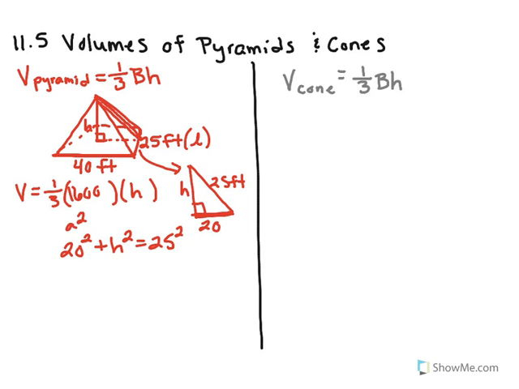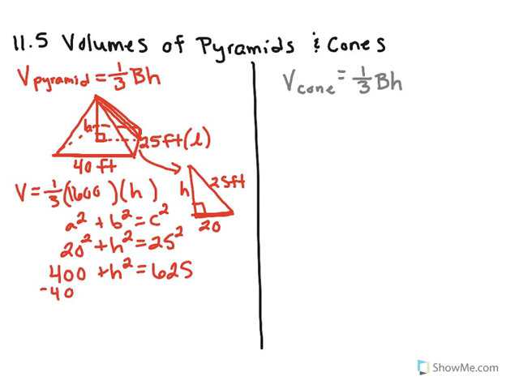And this comes from this formula. And c is always your hypotenuse. No ifs, ands, or buts about that. All right, so 20 squared is 400, and 25 squared is 625.